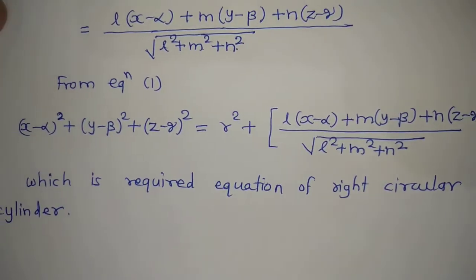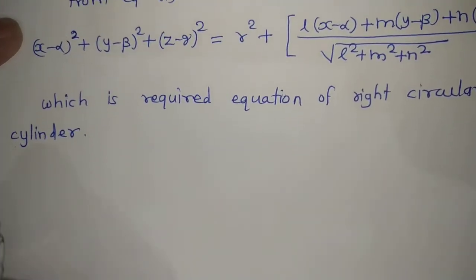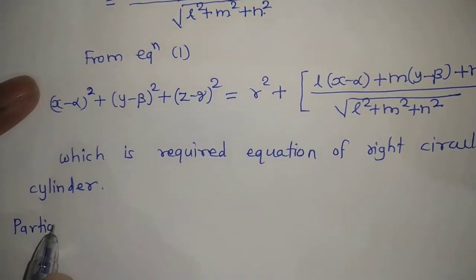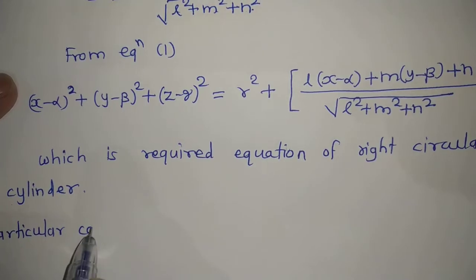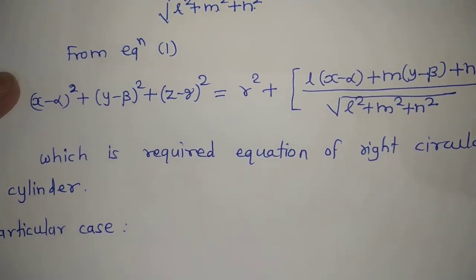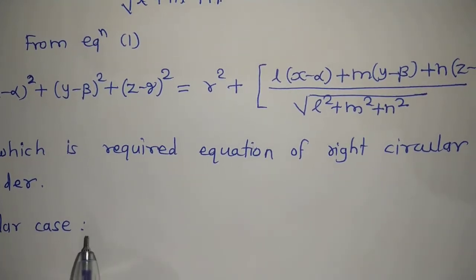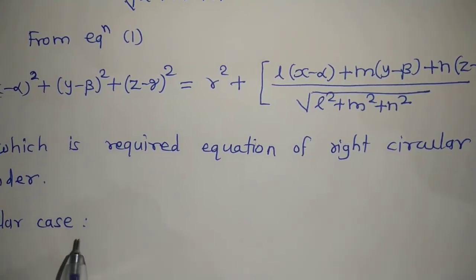Okay, now let us discuss the special cases, the particular cases. Let us say the axis of the right circular cylinder passes through the origin.